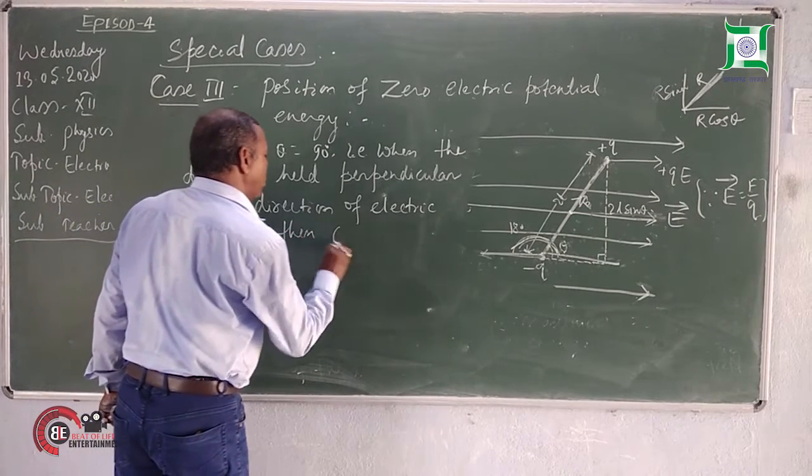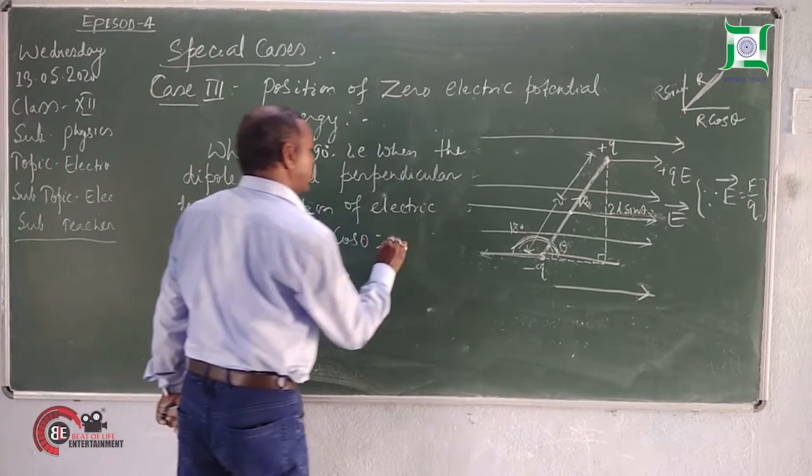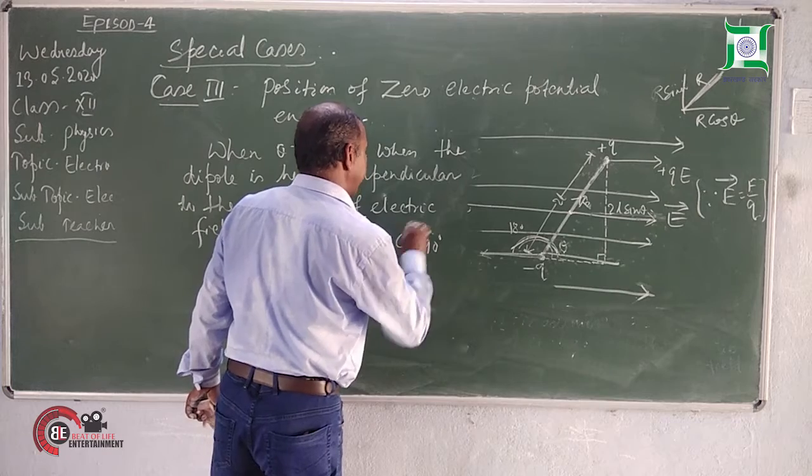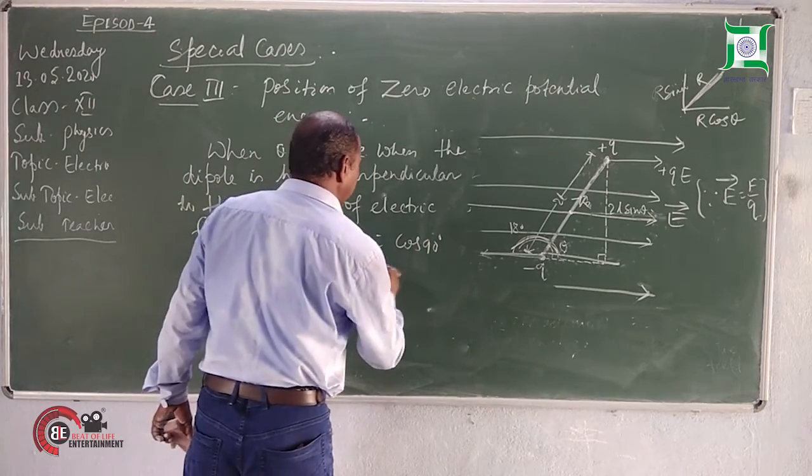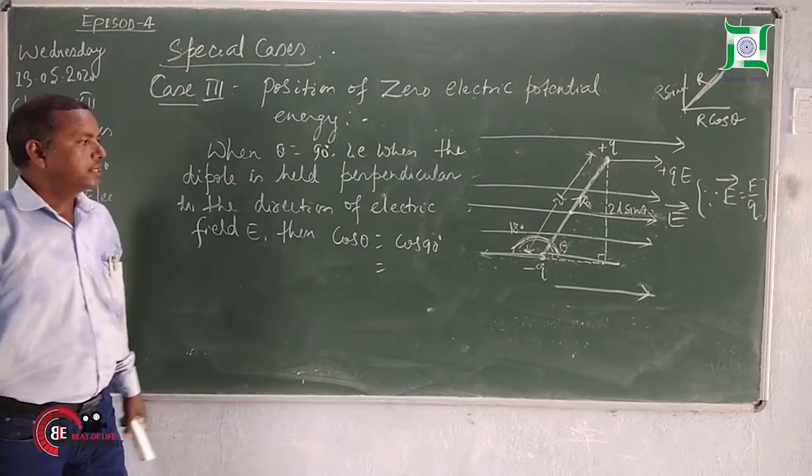then cos theta will be equal to cos 90 degree, and as we know the value of cos 90 degree is equal to 0.